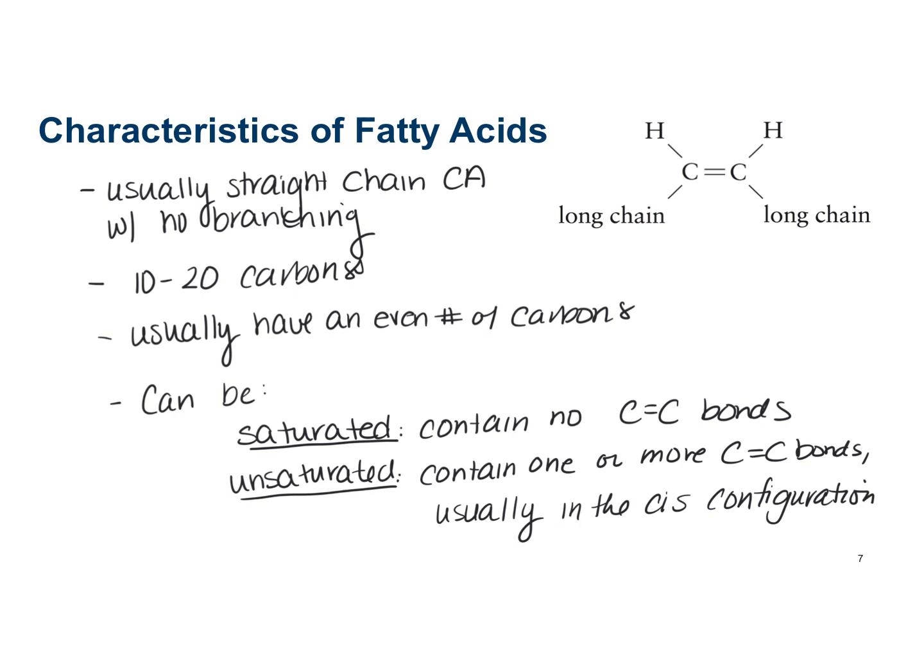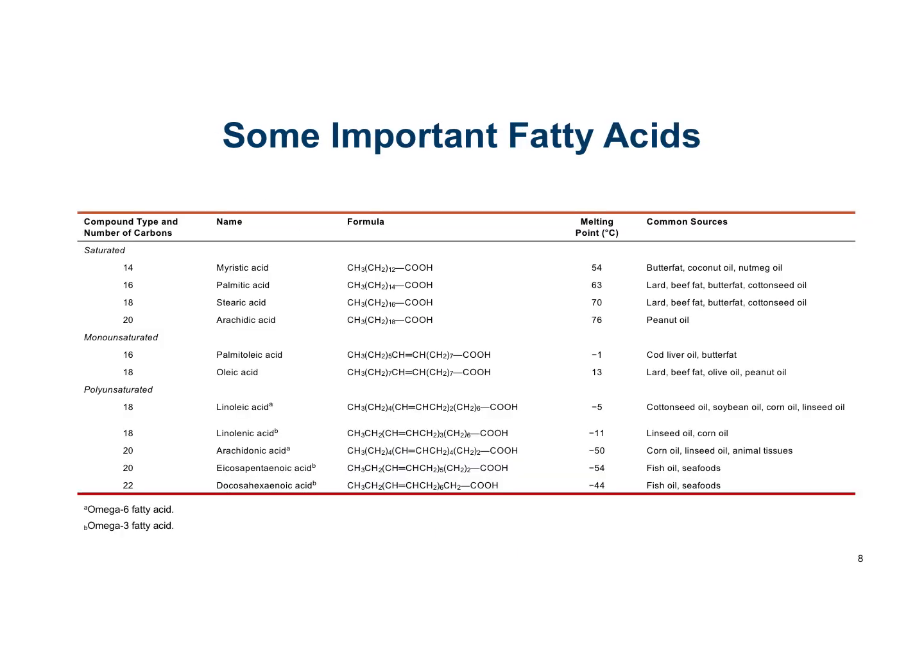Apart from the carboxyl group and double bonds, there are usually no other functional groups present. I want to remind you with the cis configuration, this means the hydrogens are on the same side of the double bond, and then the long chains are on these sides here, and it tends to form a U shape that looks like that. Let's look at some important fatty acids.